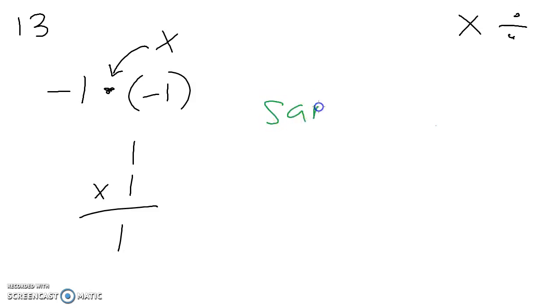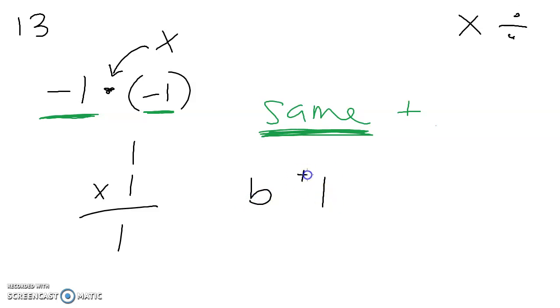And just to remind you, if we're multiplying numbers with the same sign, it's going to be positive. So I have a negative and a negative. Those are indeed the same sign. So even though I started with 2 negatives, my final answer for part B is going to be a positive 1, or you can just write 1.